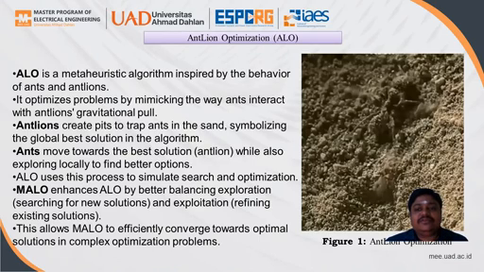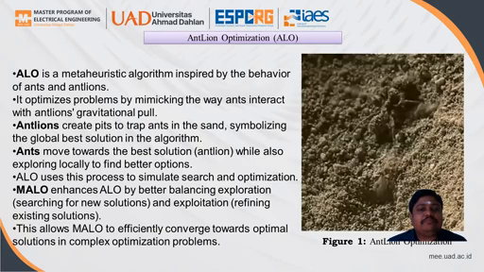Antlion optimization. Antlion is a meta-heuristic algorithm inspired by the behavior of ants and antlions. It optimizes the problem by mimicking the way ants interact with the antlion's gravitational pull.